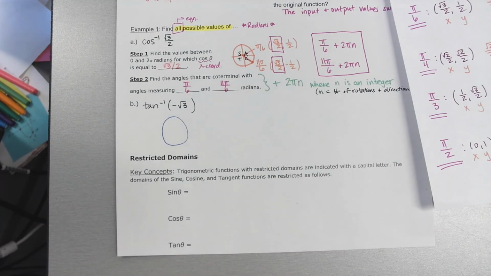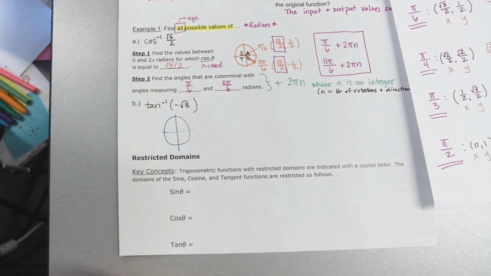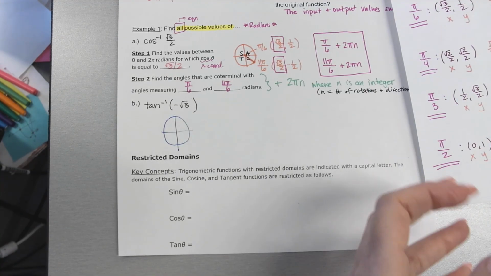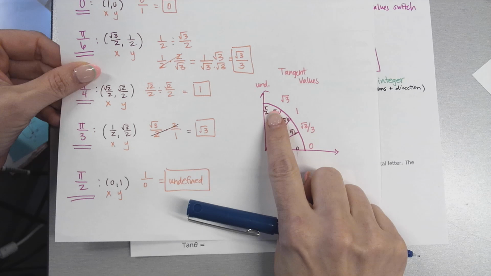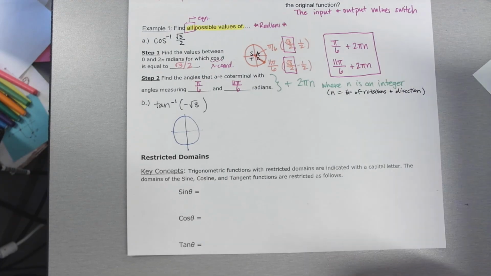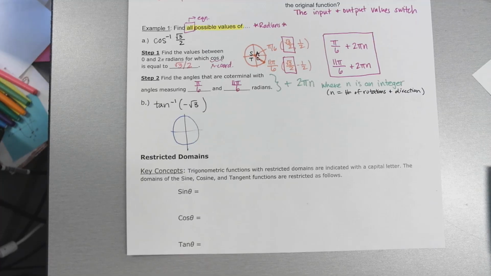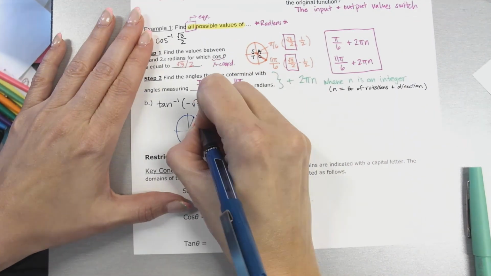So I just draw a circle and I think to myself, where is the tangent going to be √3 in quadrant 1? We just wrote out the tangent values today. So I can see that this is √3 at pi/3. In my mind, this is where the tangent is √3.